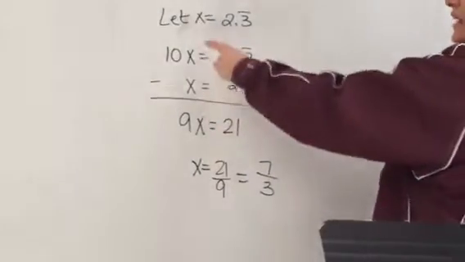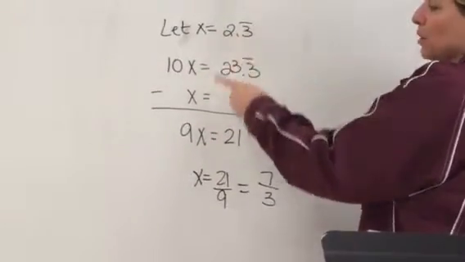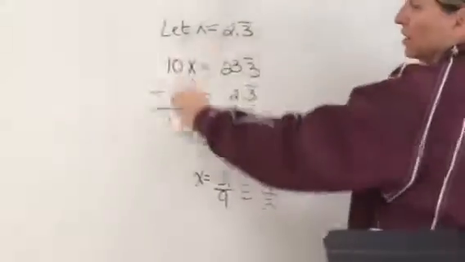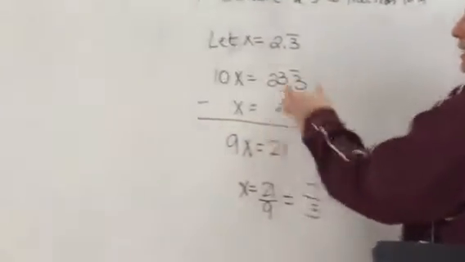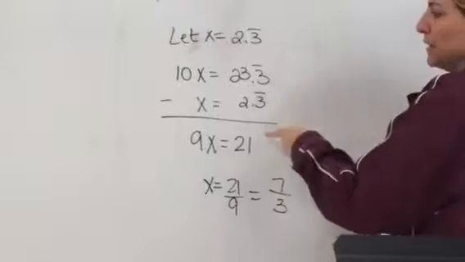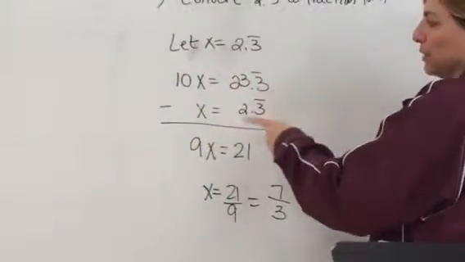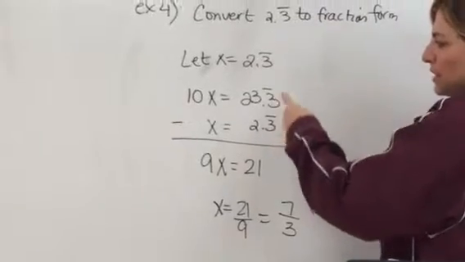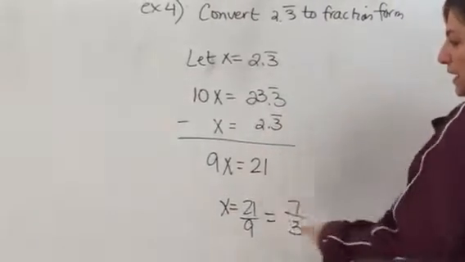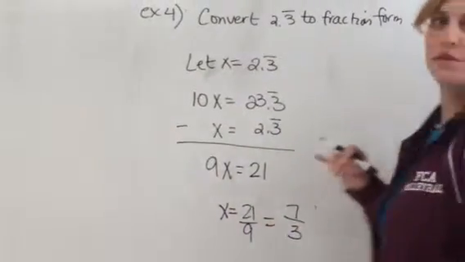Once we get that, if we let x equal 2.3 repeating, we can subtract x on this side, 2.3 repeating on this side, and that actually eliminates the repeating decimal. 10 minus 1 is 9. 23.3 minus 2.3, those cancel, you get 21, and then x equals 21 over 9, or 7 over 3.